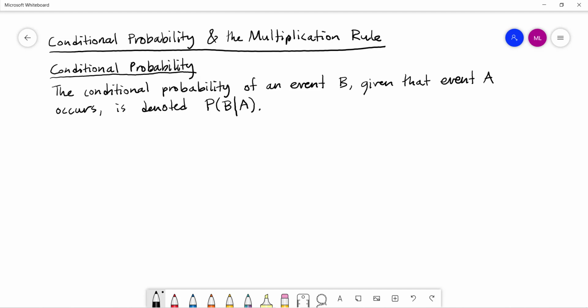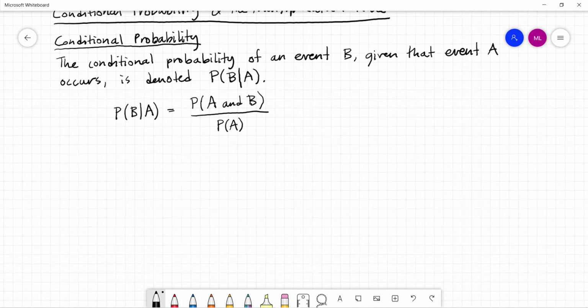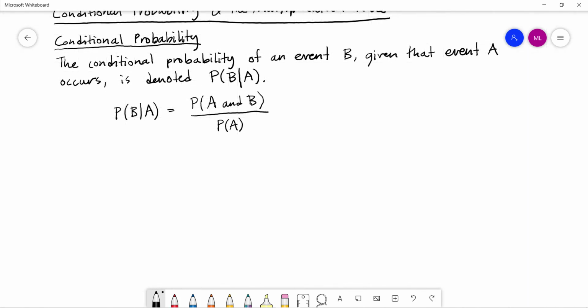And it has a formula that I'll write down as well. It's given by the following. The probability of B given A is equal to the probability of A and B divided by the probability of event A. We use this formula when A and B are not independent events, so when one has an effect on the other.